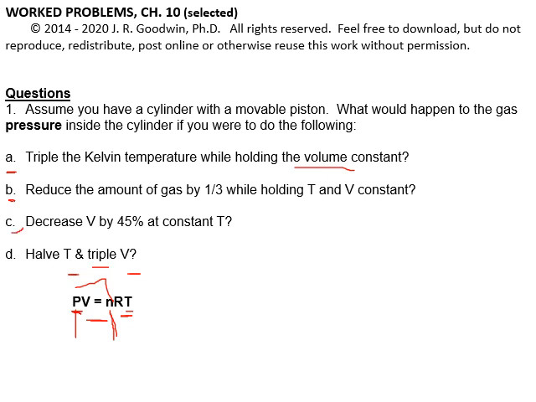Here, for this one, we're dealing with P and V, and when we multiply P times V, we have to get the same thing in both cases. You could use P1V1 equals P2V2 here, but you don't really have to, because what we're seeing is that we're decreasing V by 45%, which just means that P increases by that same amount.